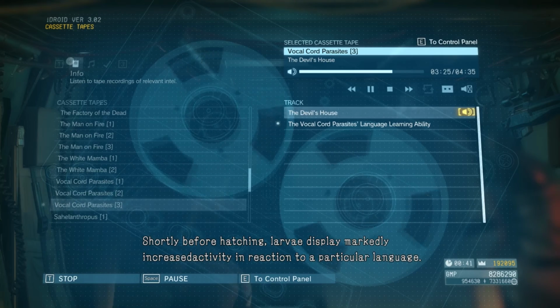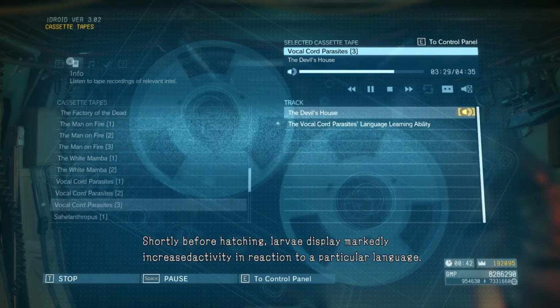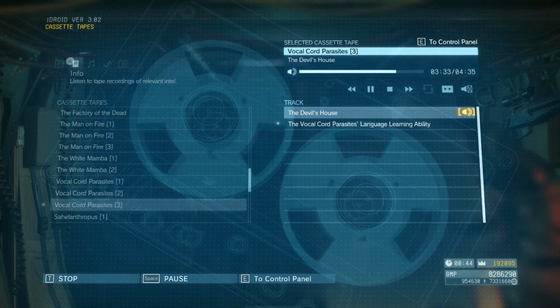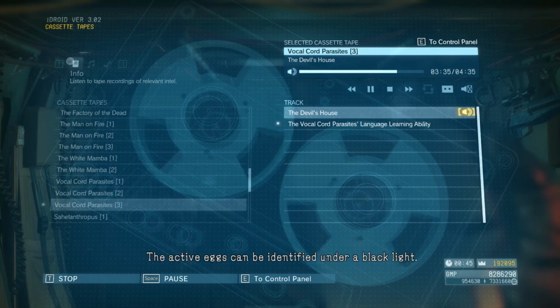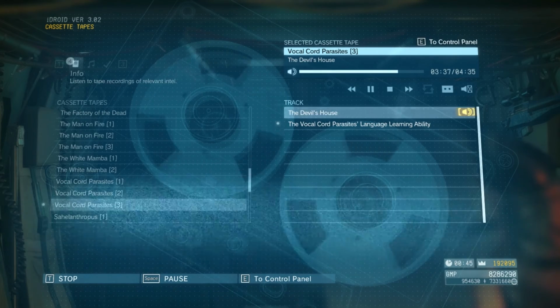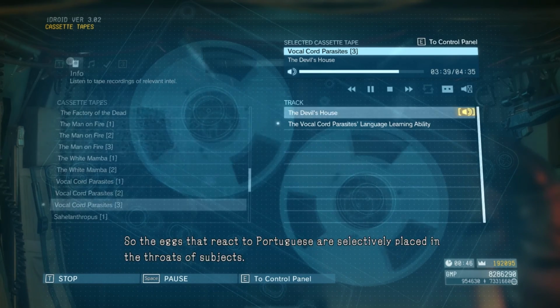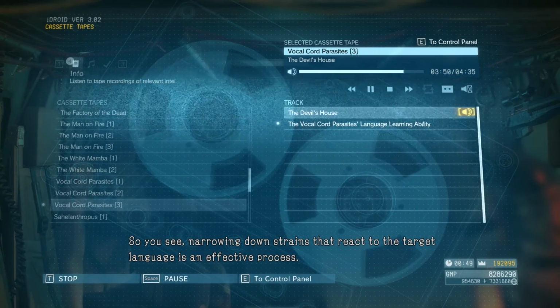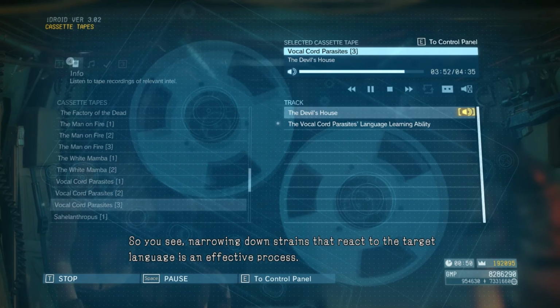Shortly before hatching, larvae display markedly increased activity in reaction to a particular language. The active eggs can be identified under a black light, so the eggs that react to Portuguese are selectively placed in the throats of subjects. So you see, narrowing down strains that react to the target language is an effective process.